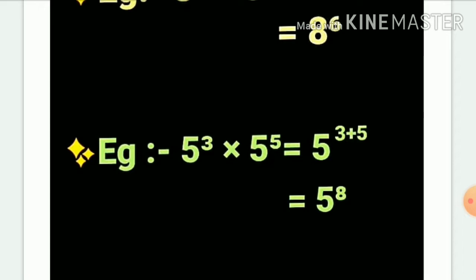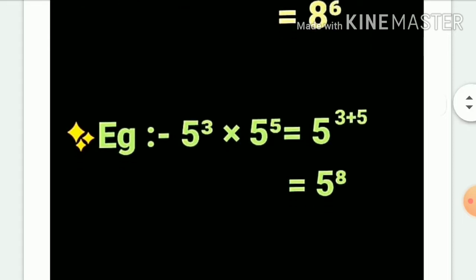Based on the first law there will be sums like this that you have to solve. If they ask you to simplify, this much is enough. If they ask you to get the value, then you have to solve it further.